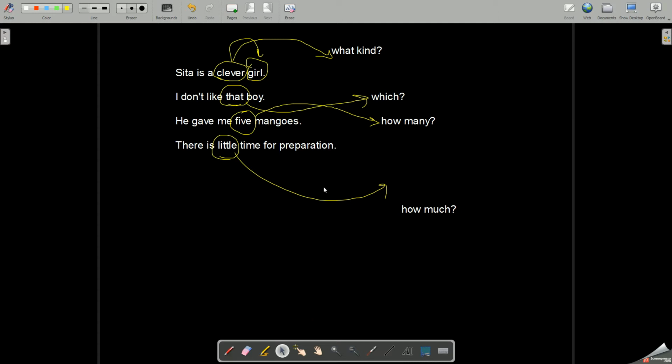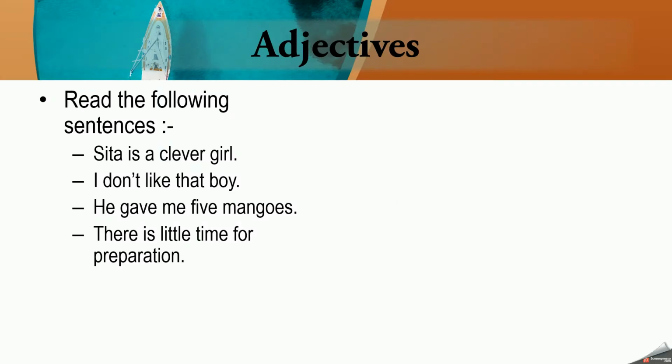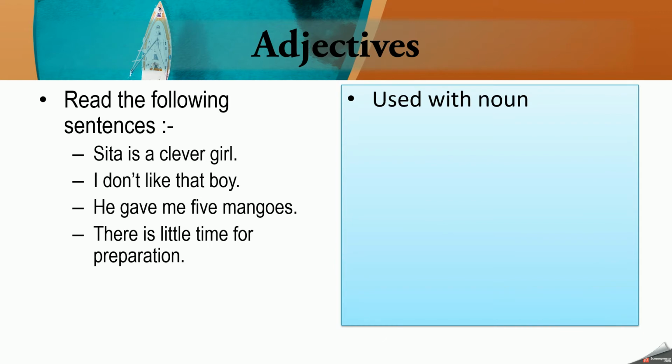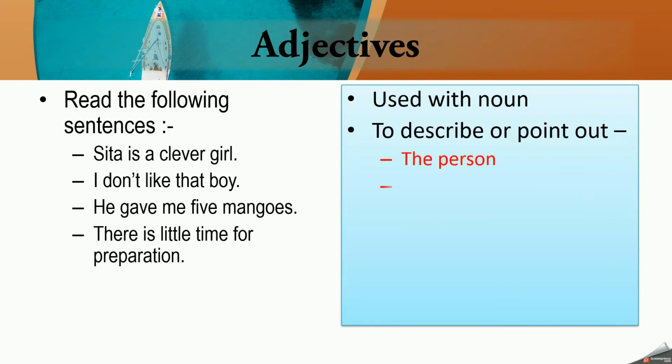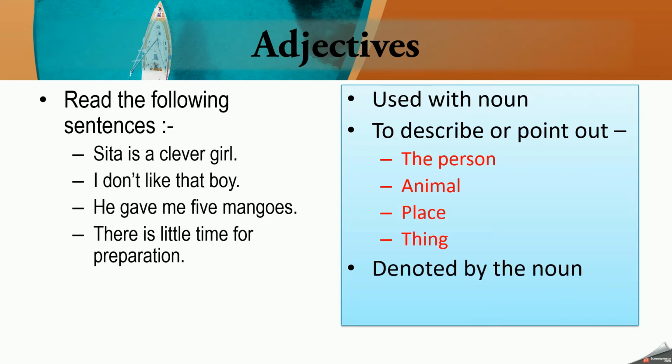So we can see that all these words which I have encircled here describe a noun, and hence these words are known as adjectives. They are used with a noun to describe or point out the person, animal, place, or thing denoted by the noun.